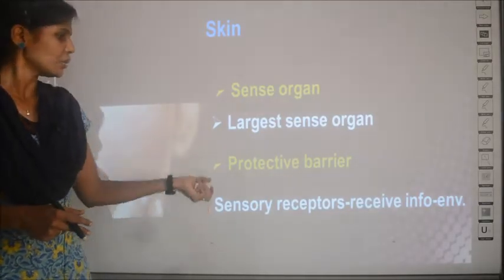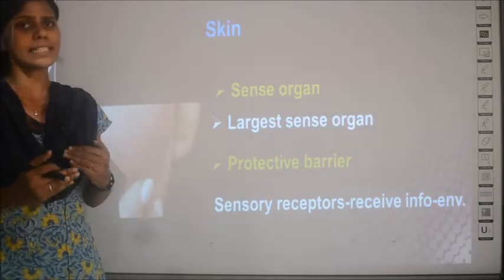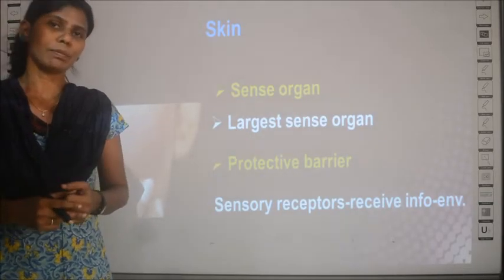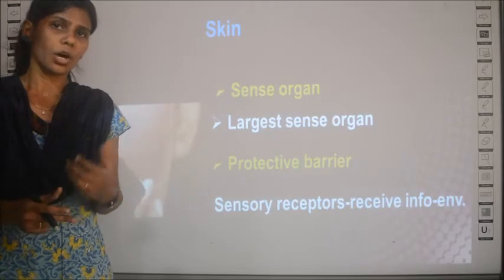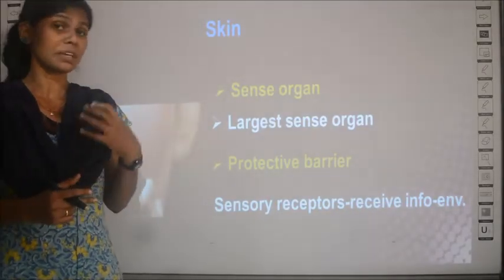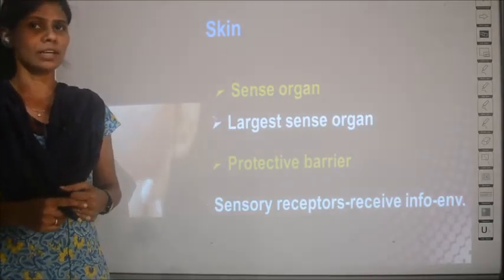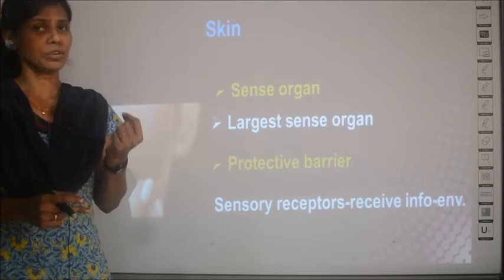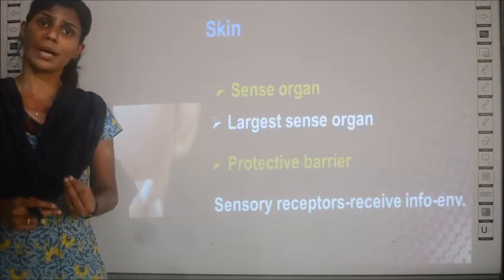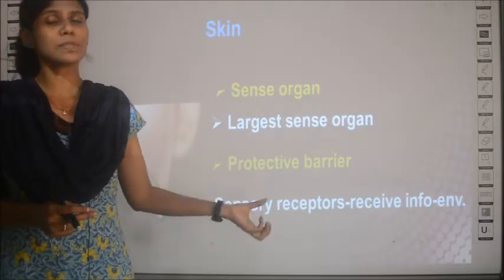Similarly, here you have sensory receptors which can sense the changes in the environment, whether it is hot or cold, or if there is pressure outside, if somebody is pushing you, you can feel the pressure through your skin only, right? So, if there are changes in the external environment, that is indicated by the receptors of your skin.